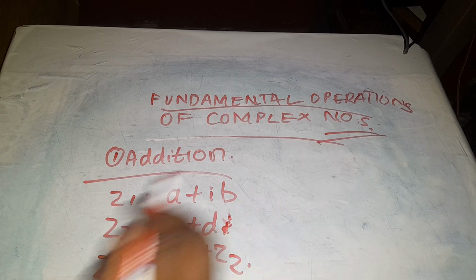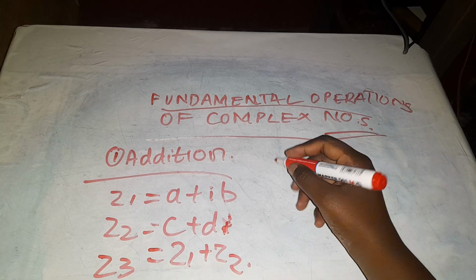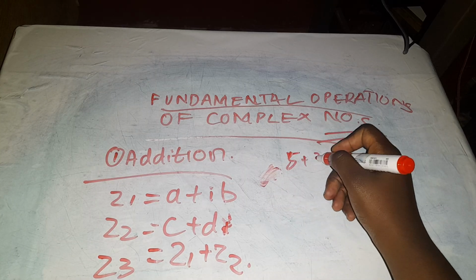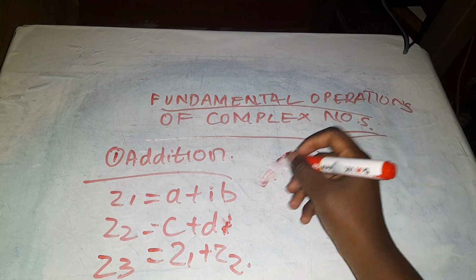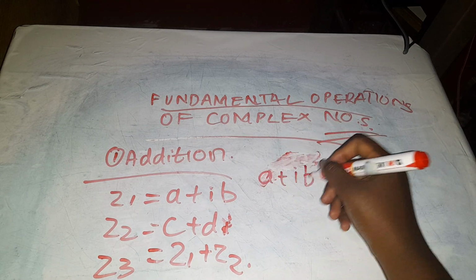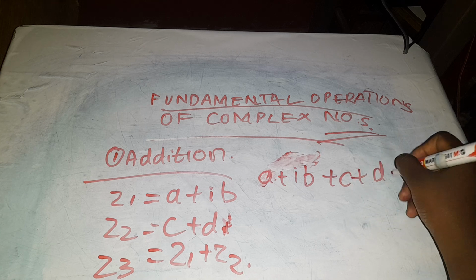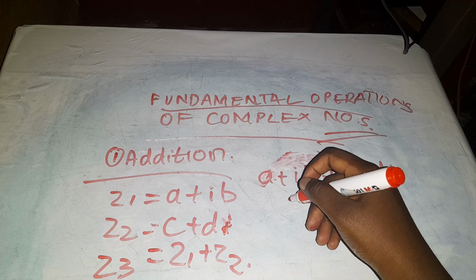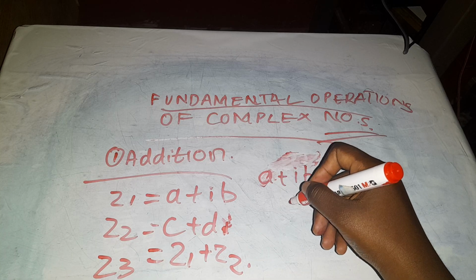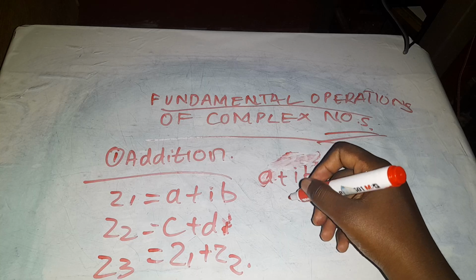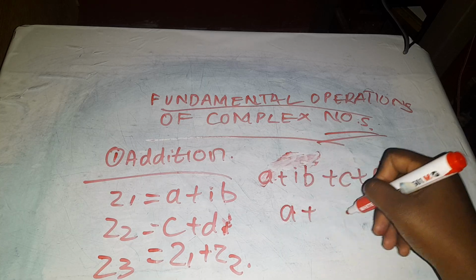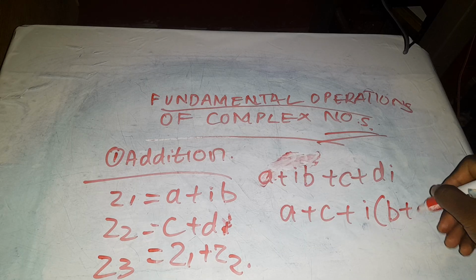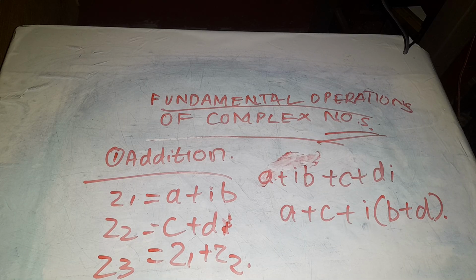So you're going to just add this as you would add 5 plus 3. If you add 5 plus 3, you just add them together, right? So in this case, you're going to say a plus ib plus c plus di. Then you group the like terms together in such a way that you're going to have (a plus c) plus i(b plus d). You open the brackets.